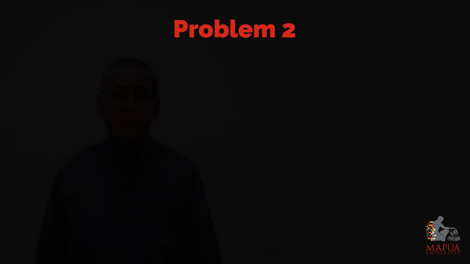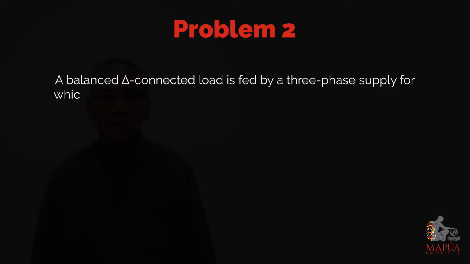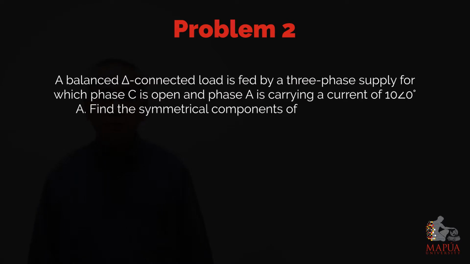Now, the second problem: a balanced delta connected load is fed by a three-phase supply for which phase C is open and phase A is carrying a current of 10 angle 0 degrees amperes. Find the symmetrical components of the line currents. Note that the zero sequence currents are not present for any three-wire system.